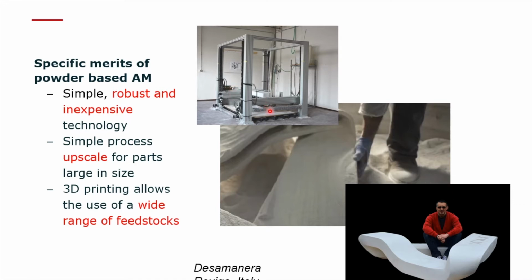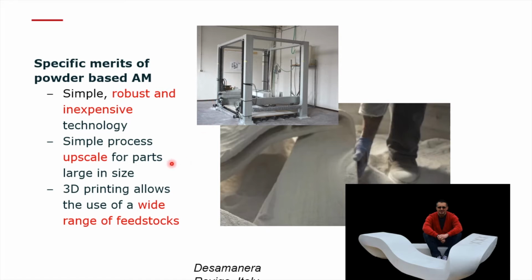The interesting thing with this machine is that it piles up this huge amount of powder directly on the ground, and you build up the powder bed here on the ground. So easy upscaling, and you can use a wide range of feedstocks. It's not only for this machine, it's generally for powder-based additive manufacturing.